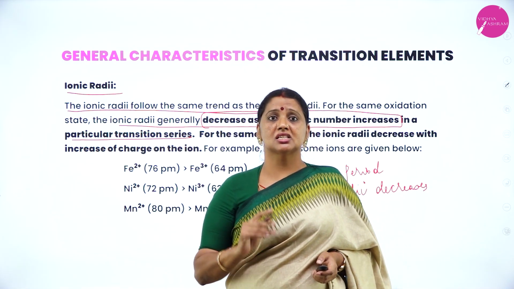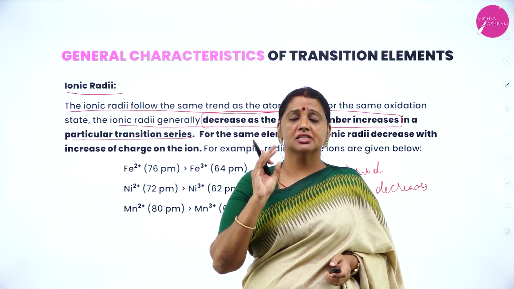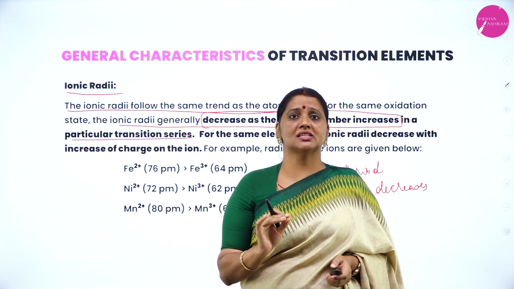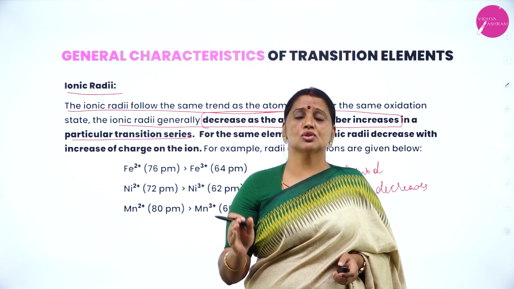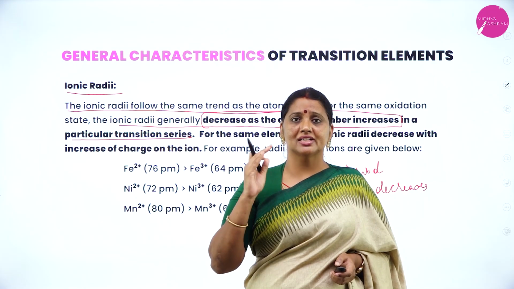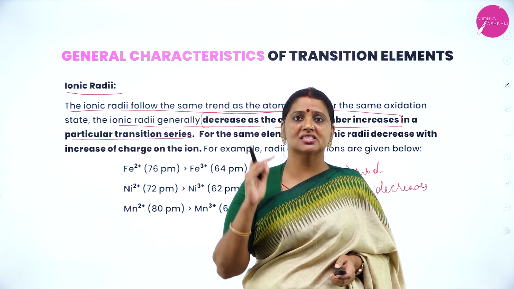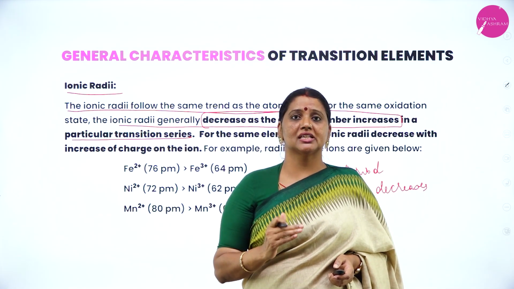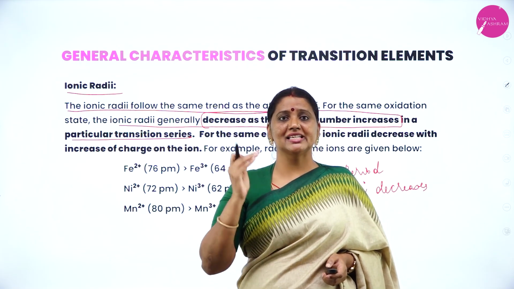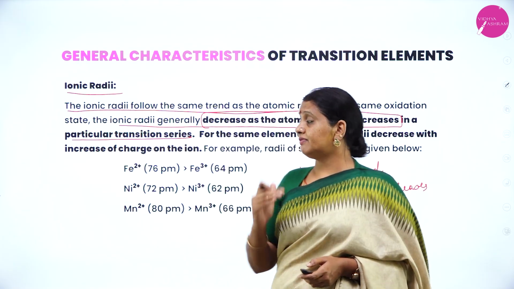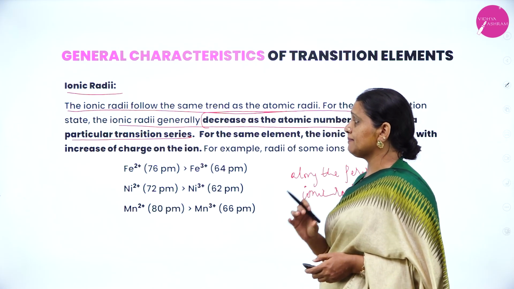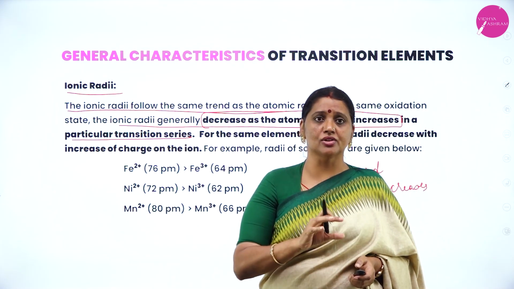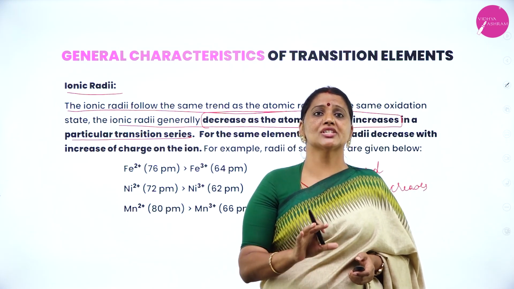In transition series, we have 4 series: 3D series, 4D series, 5D series as well as 6D series. 3D series is also called the first series, 4D is called the second series, then the third series as well as the fourth series. For example, I'll consider some of the ions which differ with respect to the oxidation state.